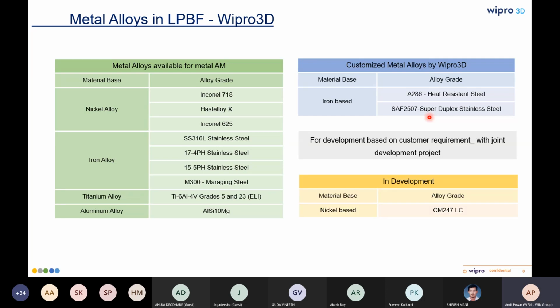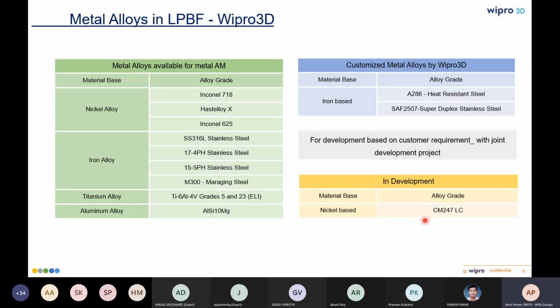And now we are working on the development of the alloy named CM247, which is used at very high operating temperatures. This alloy can be used in aerospace applications, such as turbine blades or nozzle guide vanes, NGVs.